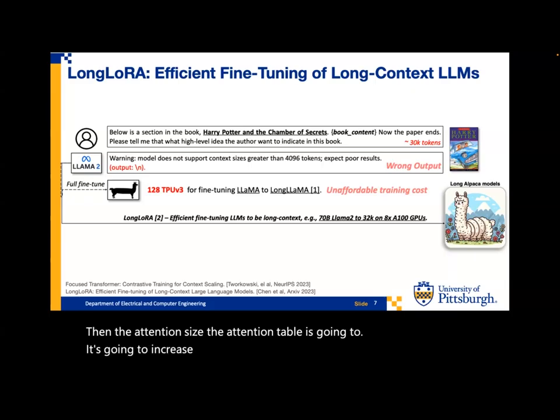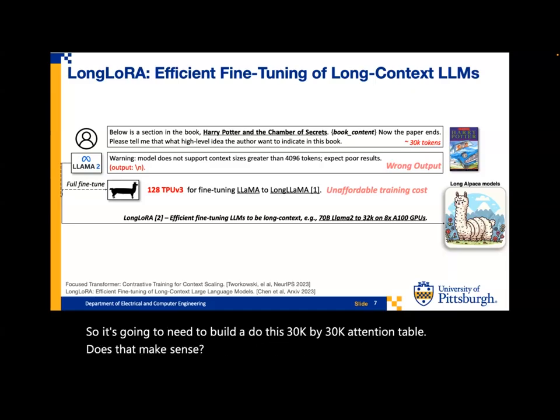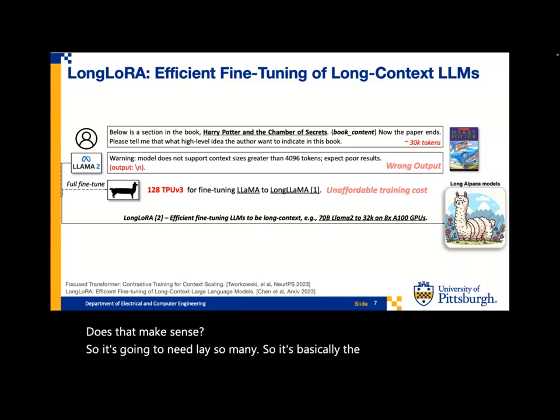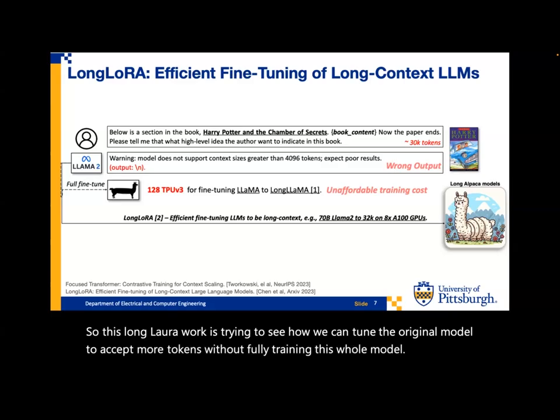Because it's a 2D table. So it's going to need to build this 30K by 30K attention table. Does that make sense? So the training cost is very big. So this LongLoRA work is trying to see how we can tune the original model to accept more tokens without fully training this whole model. Okay.